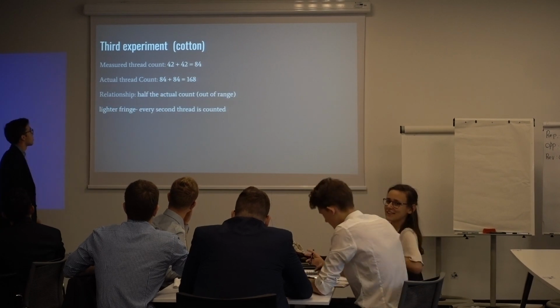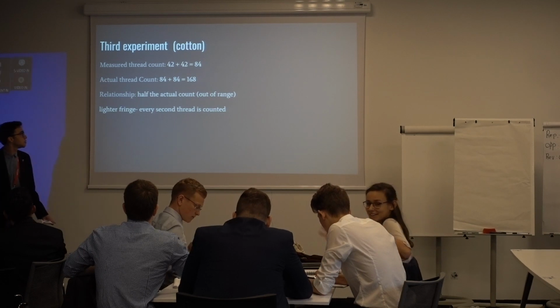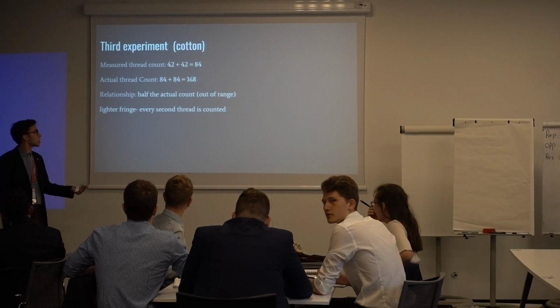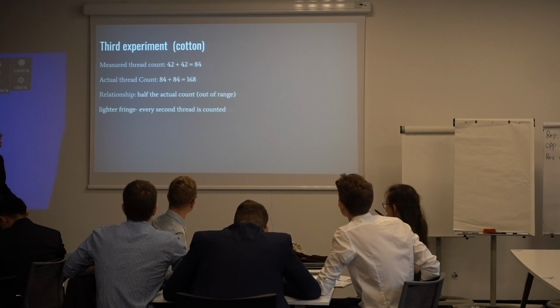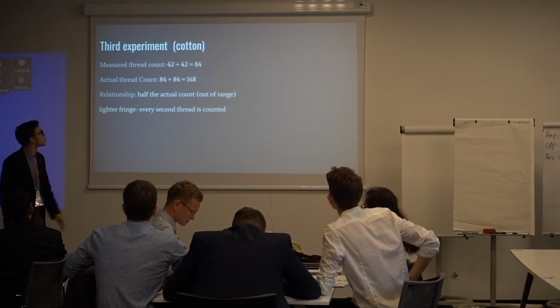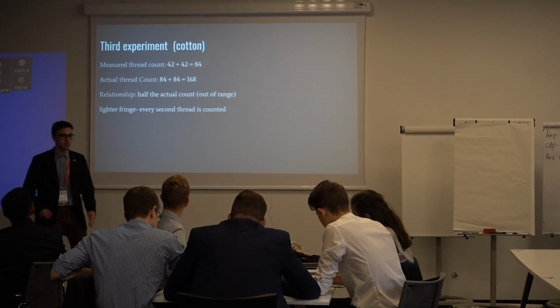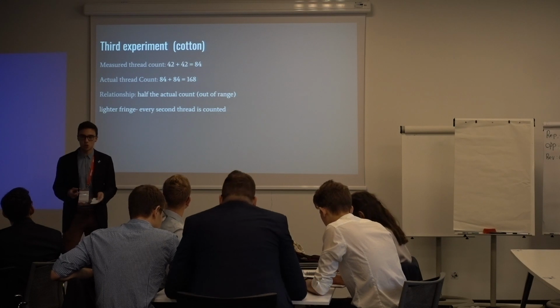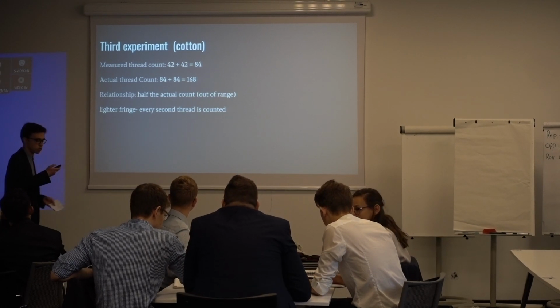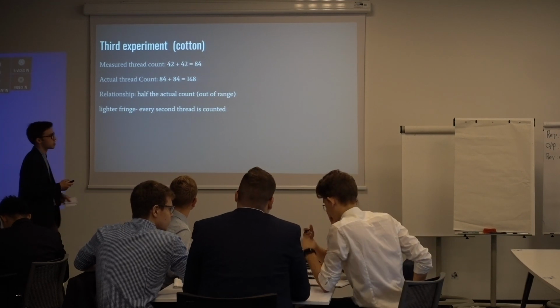Our third experiment is cotton, so we have 42 and 42 equals 84, but 84 and 84 give us 168 thread count, which is doubled, the measured thread count doubled. It turned out that this is a consequence of the range of the overlay, because our overlay has a specific range.